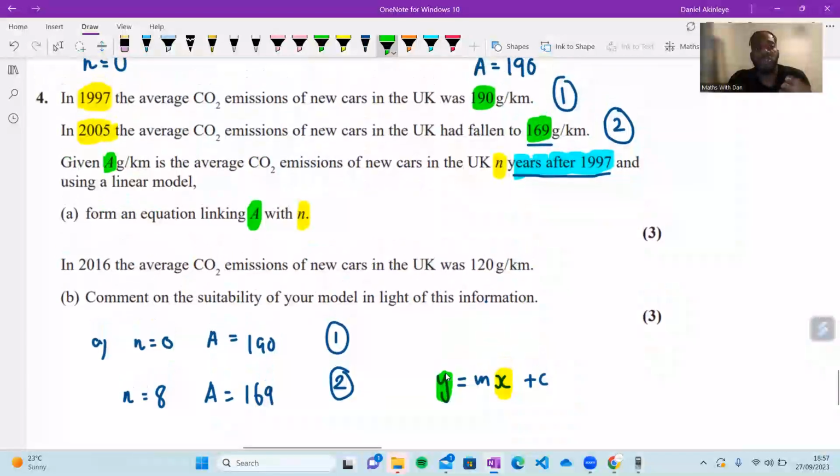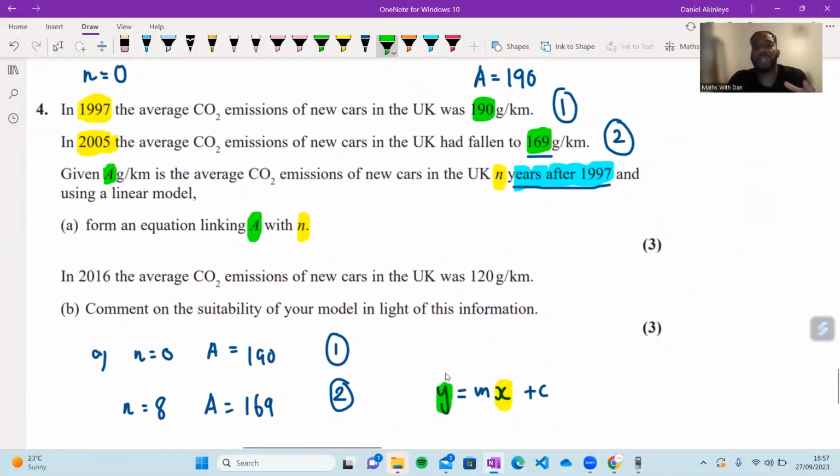So in the context of our question, we've got CO2 emissions and we've got the year. What do we think is independent here? Do we think the year or the CO2 emissions? What do we think is independent? The year or the CO2 emissions?